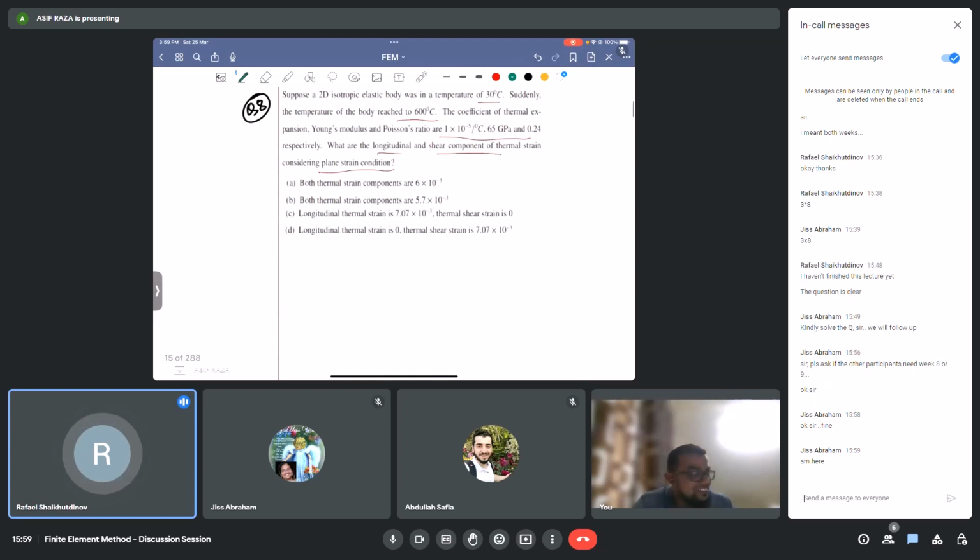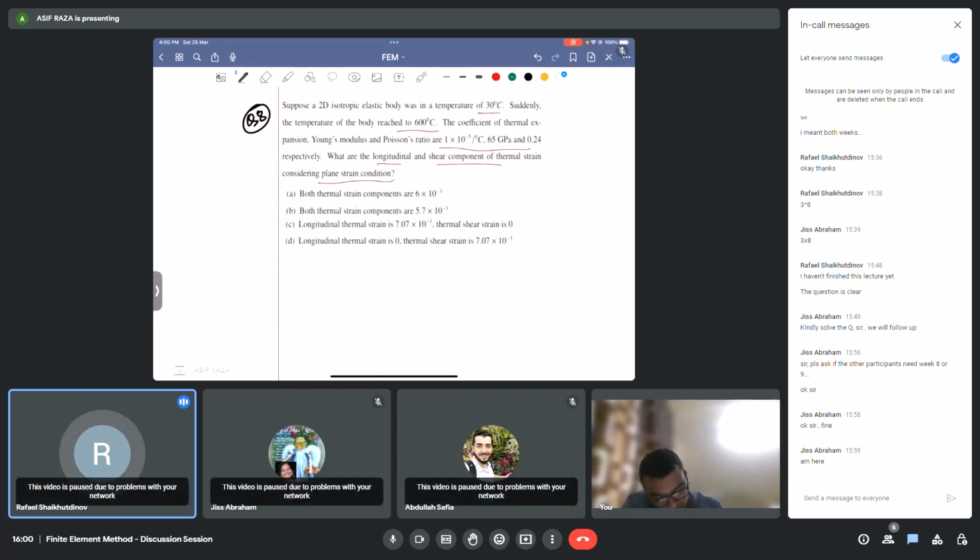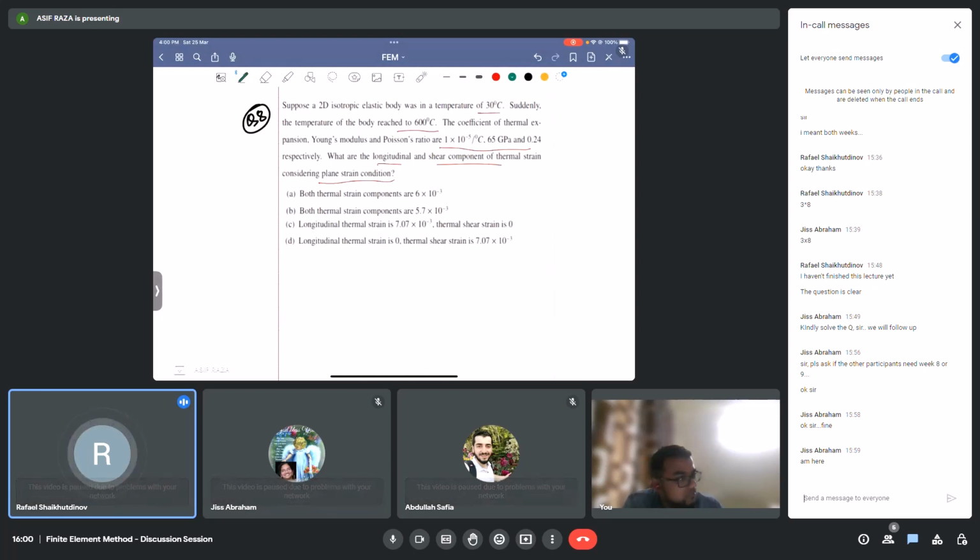I am sure that there's no shear strain at all. The shear is not considered in thermal expansion. And we just need to multiply the thermal coefficient and temperature. Poisson's coefficient is given here too, a tricky question.